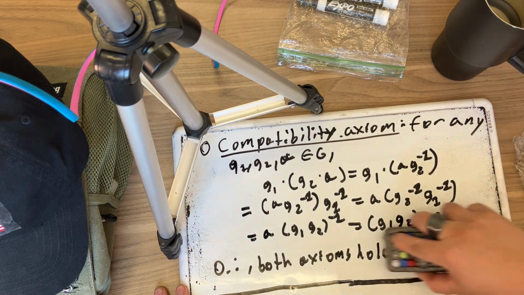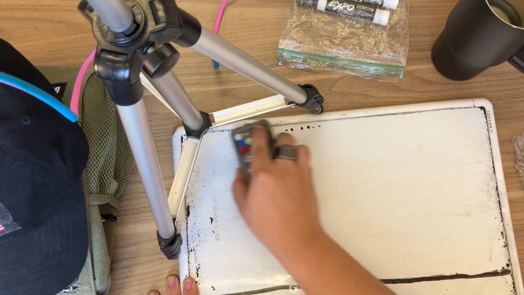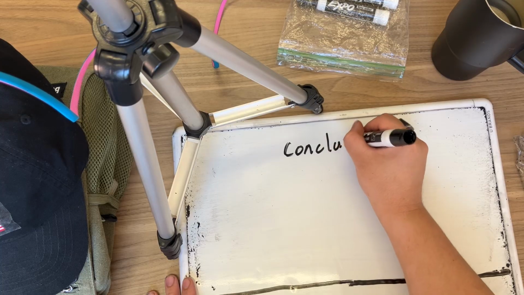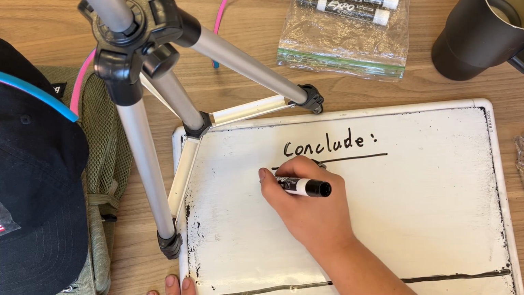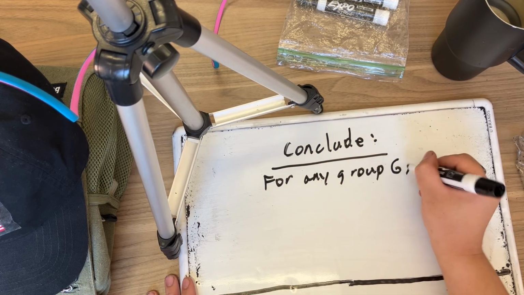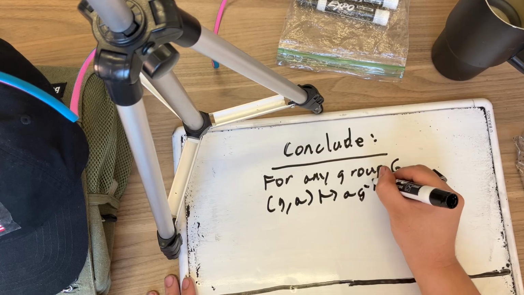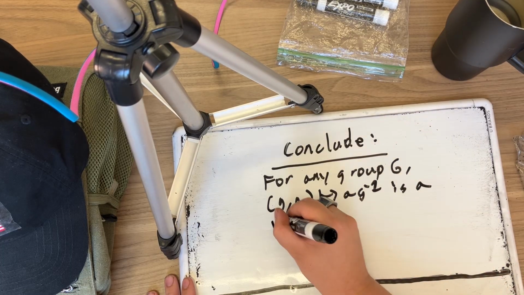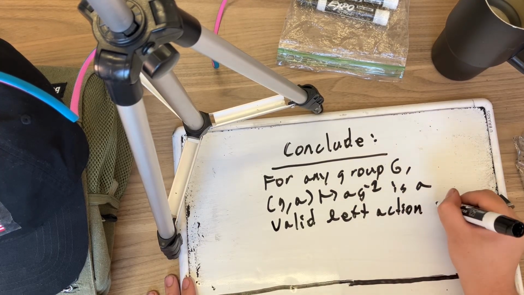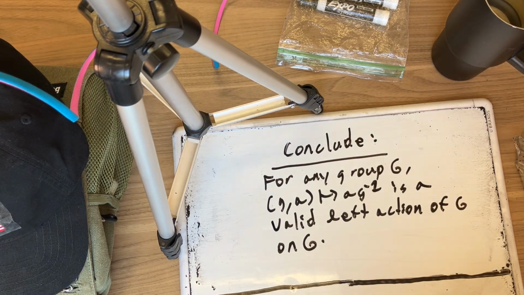So let's conclude something here. To conclude, for any group G, the map (G, A) to A G inverse is a valid left action of big G on big G. So we fix it by right inverse.